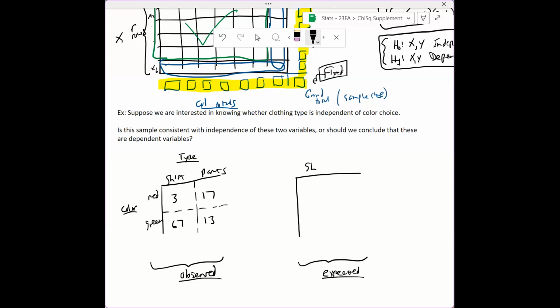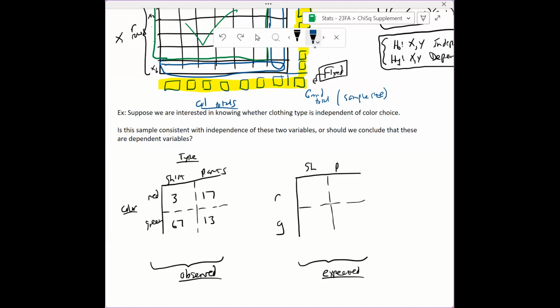So shirt versus pants, red versus green. Now, I don't know what numbers go in here right now, but this is where those row and column totals become important.